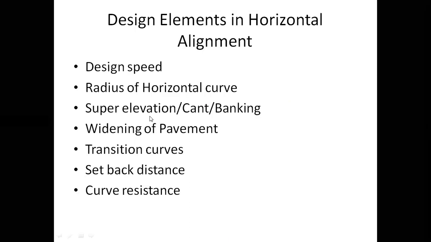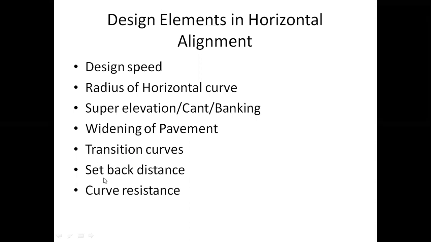Then you have the super elevation, which is also called the cant or the banking. Then the widening of the pavement width. Then the transition curves, I'll tell you what they are. Then the setback distance and curve resistance. For each of these design elements you will have the derivation and the numericals. That's why I told you this is a very important module.